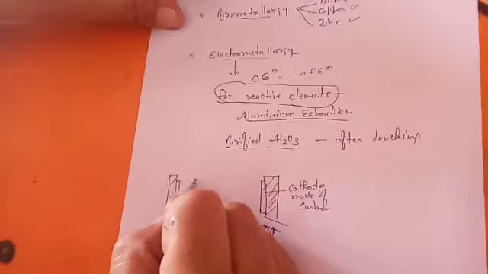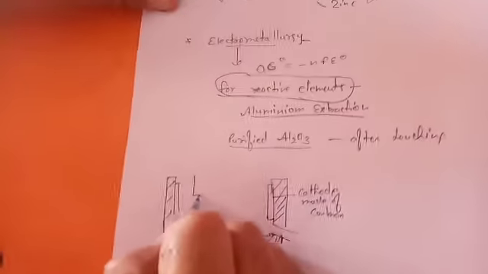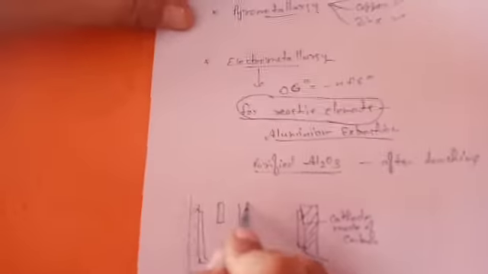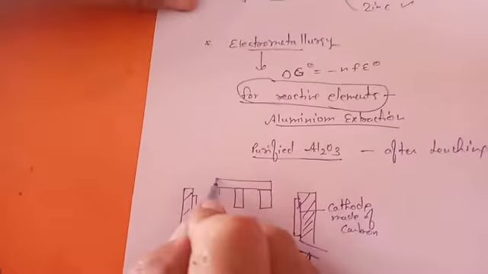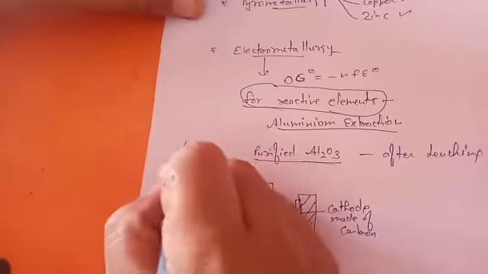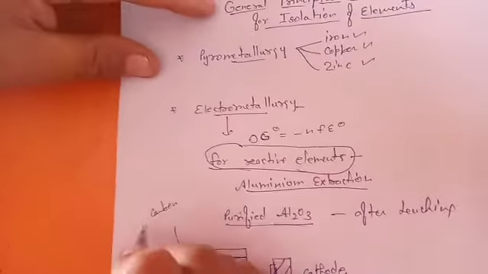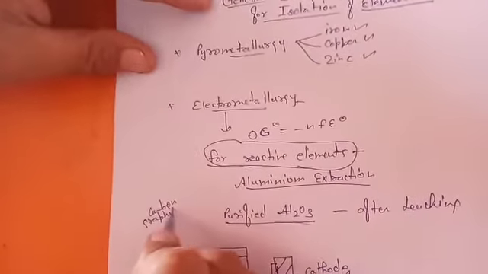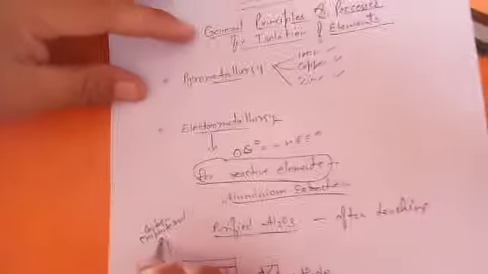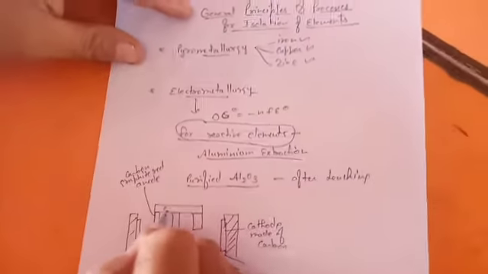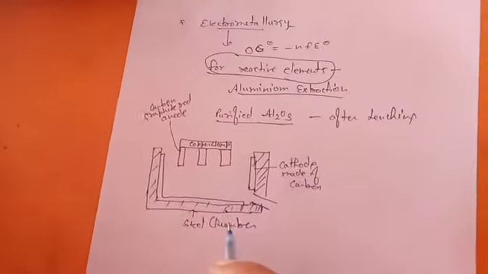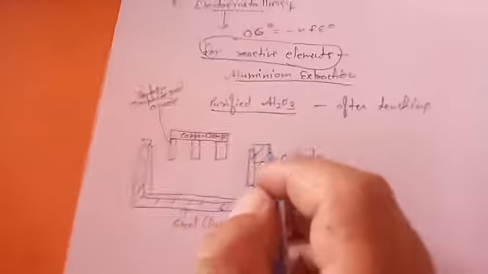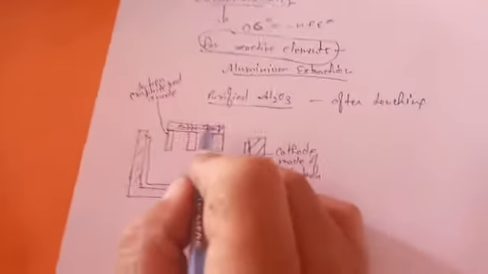Graphite rods, joined together by a copper clamp, act as the anode. The copper clamp gives connections to all these anodes so they work collectively as one. This is your cathode, this is your anode.